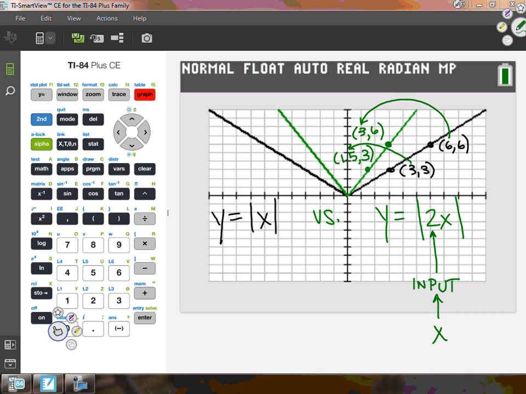You only have to put an x value that's half as big in to achieve the same y. So instead of putting in 6 to get to 6, we only have to put in 3 to get to 6, because the function is doubling our input for us. So what's happening is this is called a horizontal compression.